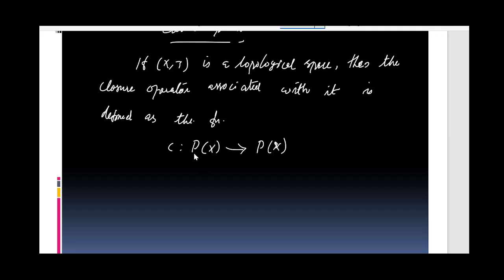So this is an operator, C from P(X) to P(X), such that C(A) equals A closure for each A belongs to P(X).